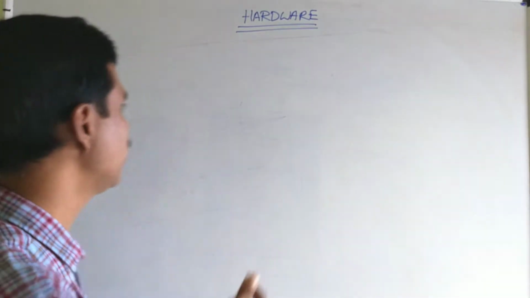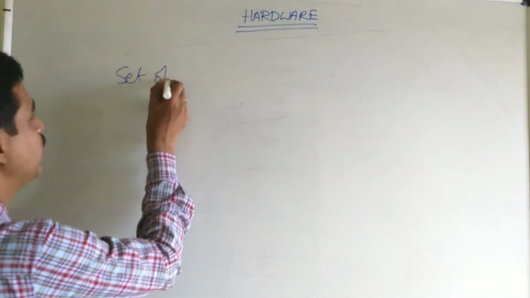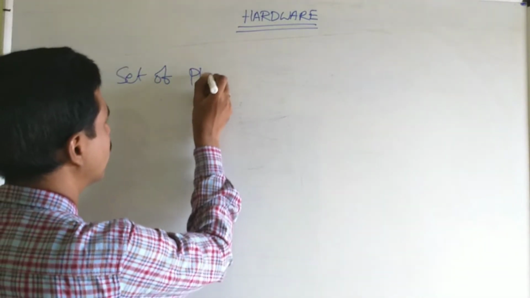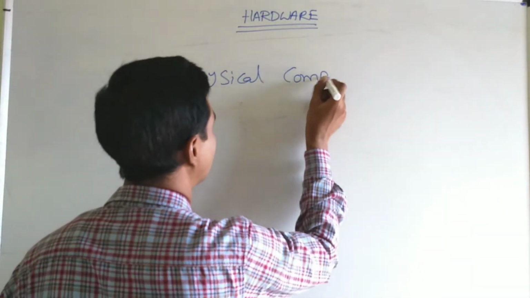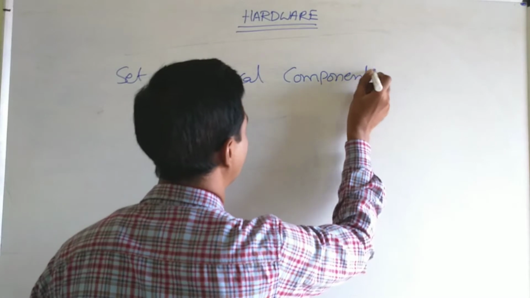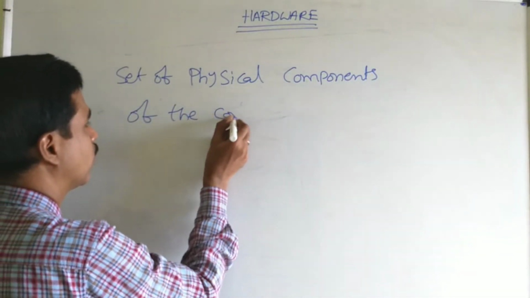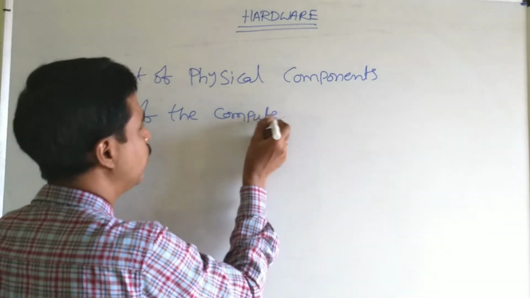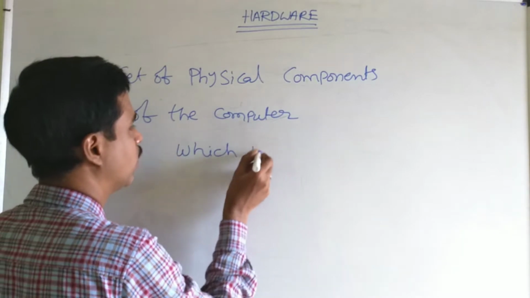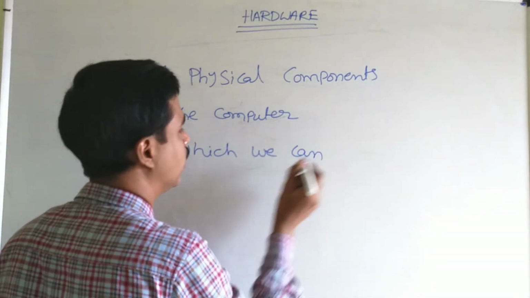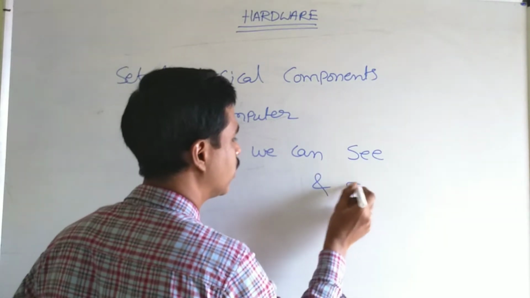So coming to the hardware, what is hardware? A set of physical components of the computer which we can see and touch.